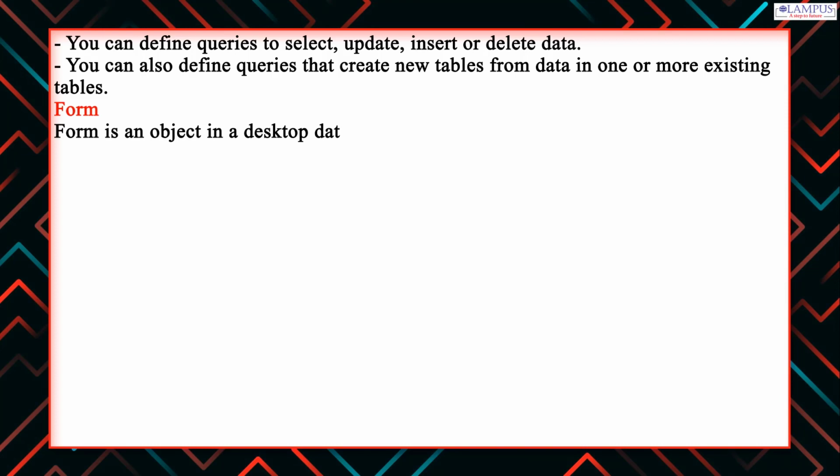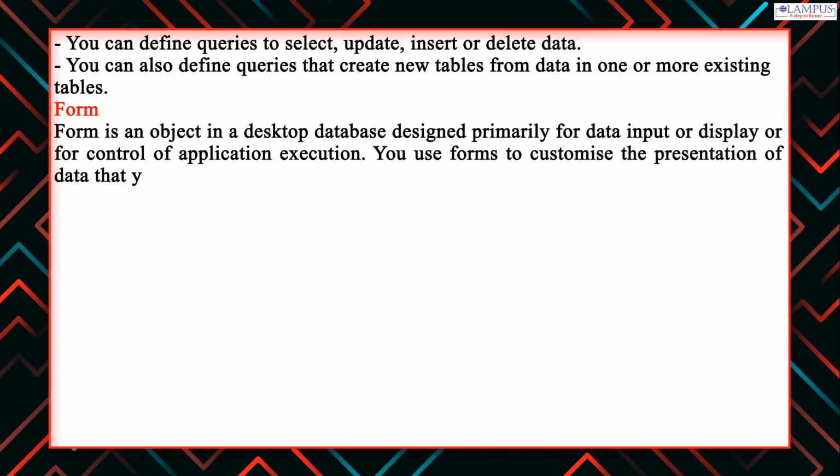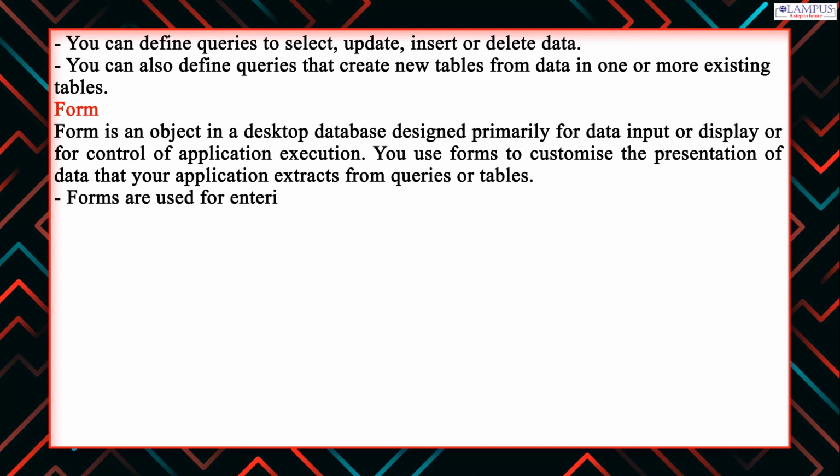Form. Form is an object in a desktop database designed primarily for data input or display, or for control of application execution. You use forms to customize the presentation of data that your application extracts from queries or tables. Forms are used for entering, modifying, and viewing records.